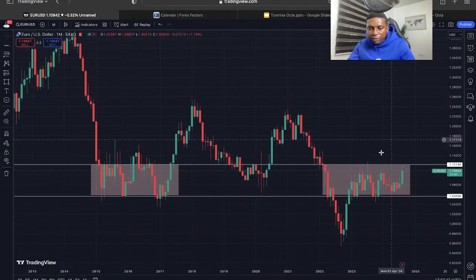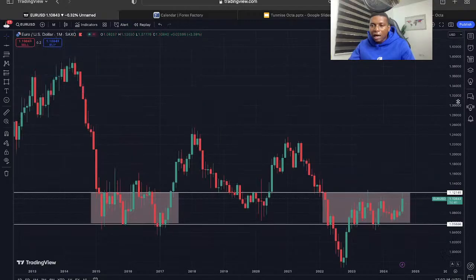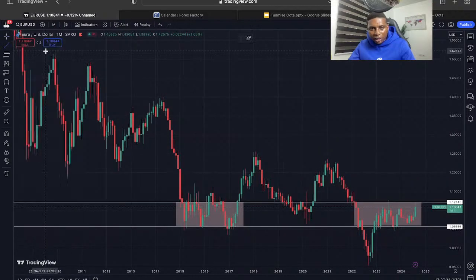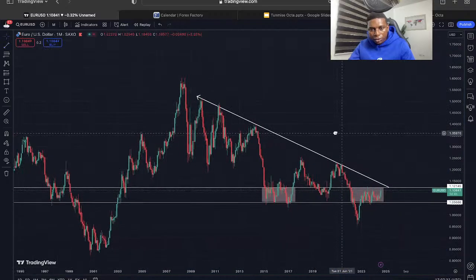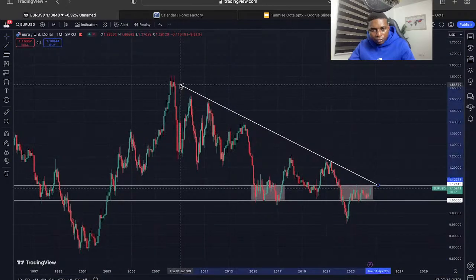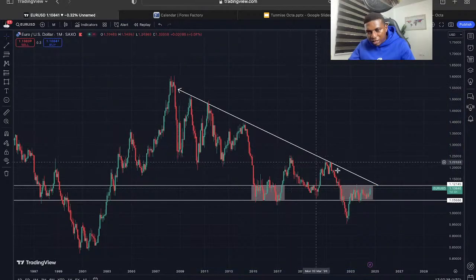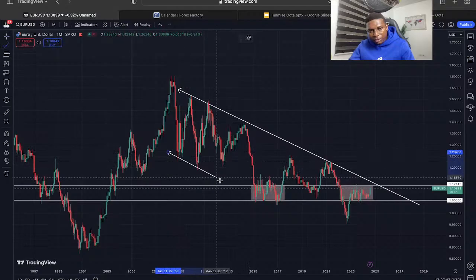All right, so here is something I want us to see. This is a monthly time frame, and we can all see that EURUSD has been on a downtrend for a long time. We can also see that there's a channel here.